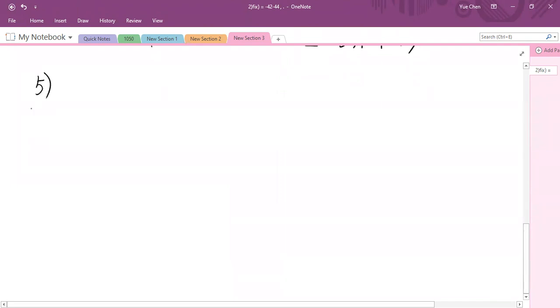Problem 5. Again, this is a skilled linear programming problem. So John has at most 20 hours, at most, you need to highlight some sentences, right? Hours during the week.